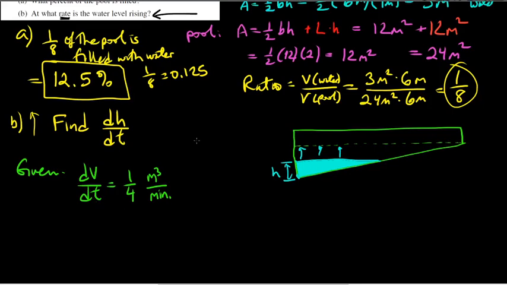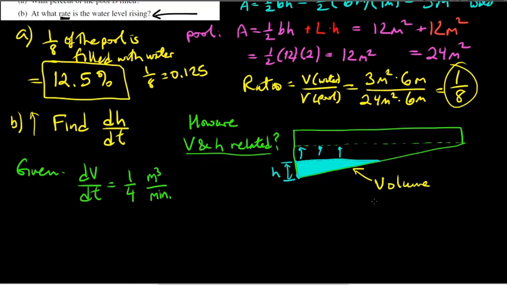So the question is, how are v and h related? What's the relationship between the volume and the height? The volume is the volume of water here. So it's the area of the triangle times 6 meters, because it's 6 meters wide.